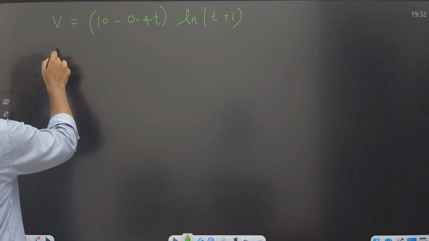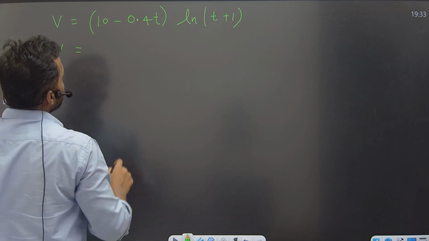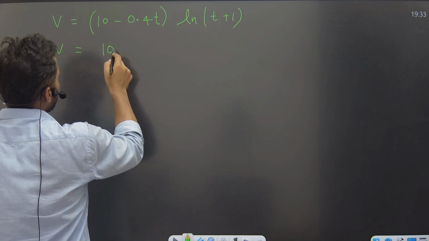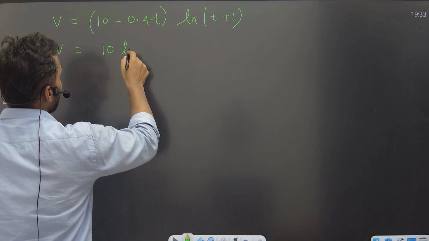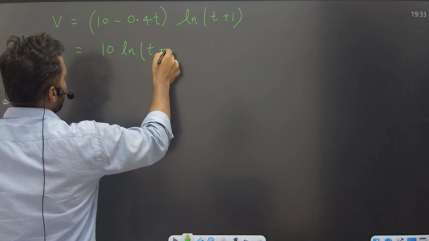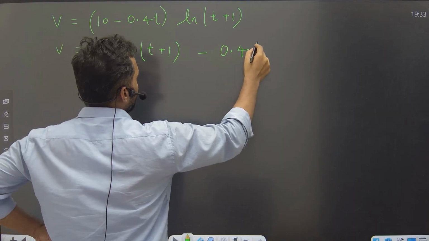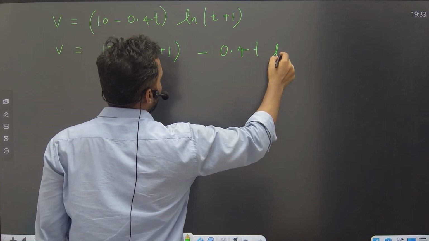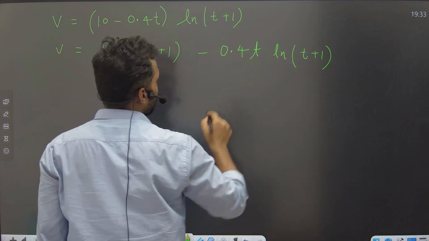What we can do here after further calculation: v = 10 ln(t + 1) − 0.4t ln(t + 1).